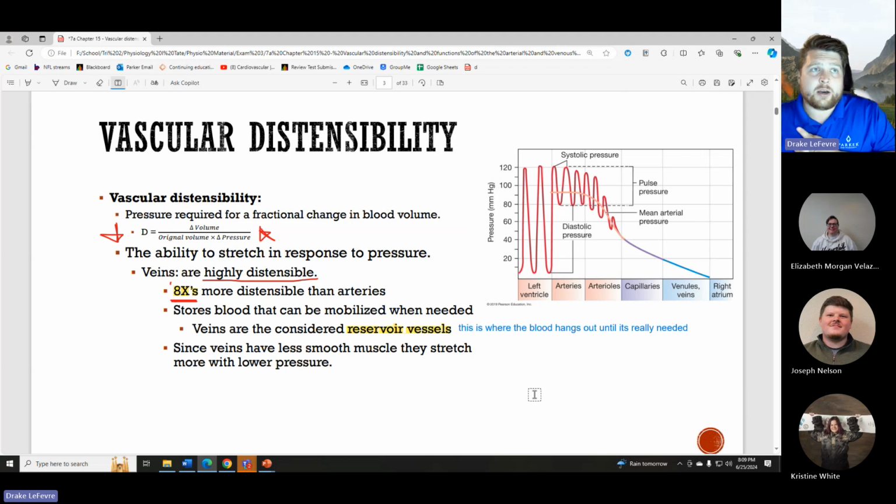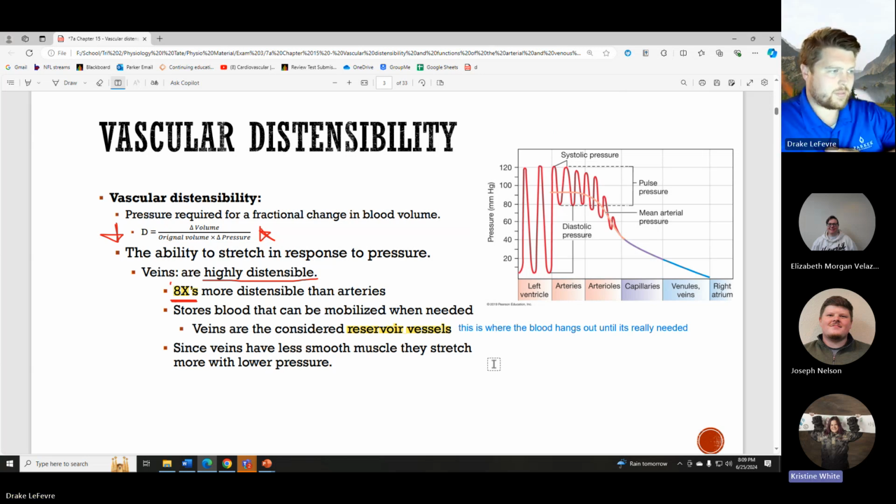Think of the veins like a slightly larger, thinner balloon that's easier to blow up and expand. It expands bigger. And the artery is more like a heavier elastic type balloon that takes a little bit more force, stronger air, stronger pushing to get it to expand, because it has those extra layers of muscle.